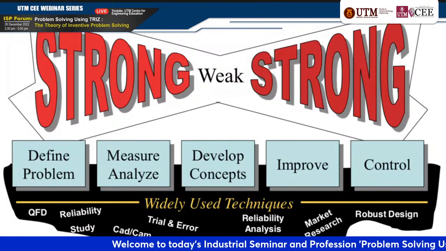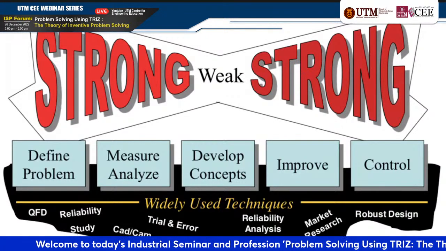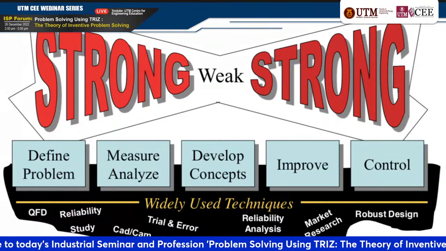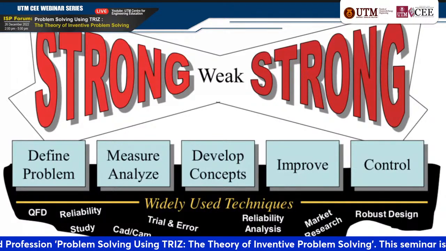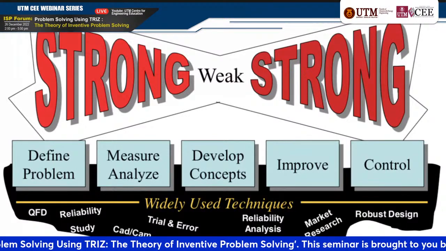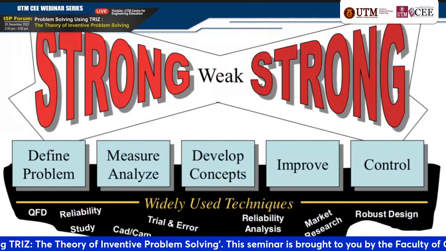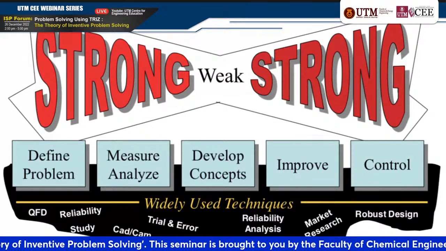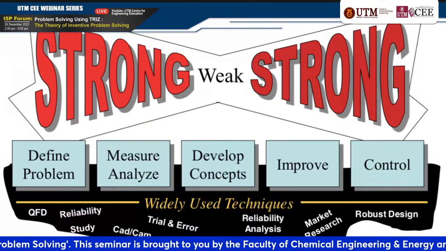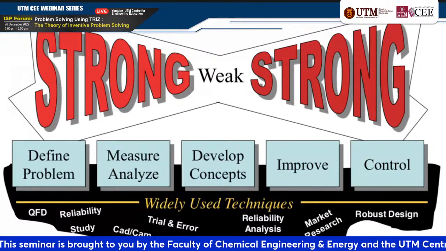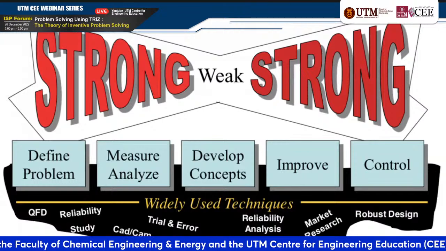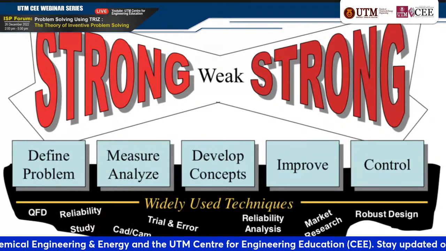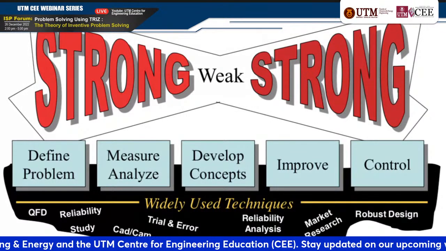After they define the problem, they will measure and collect data, and they will analyze the data to make sure they are able to find the root cause. And once they find the root cause, they need to come out with ideas and concepts that are able to solve it.